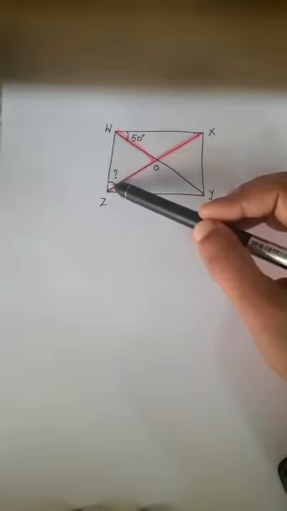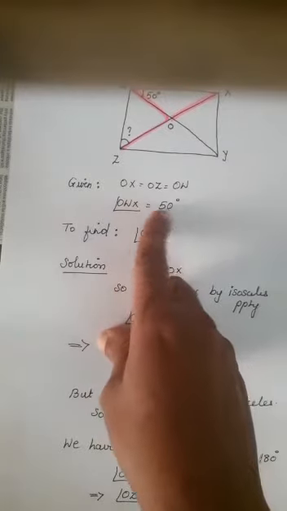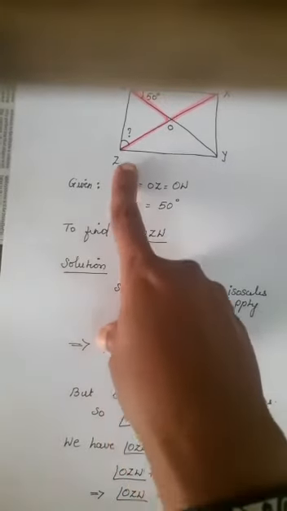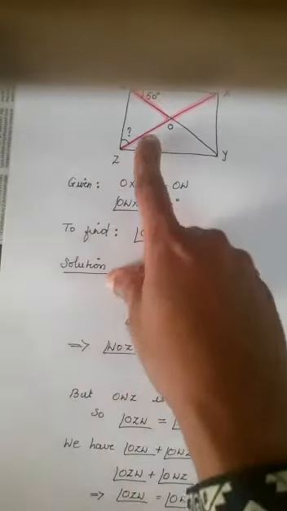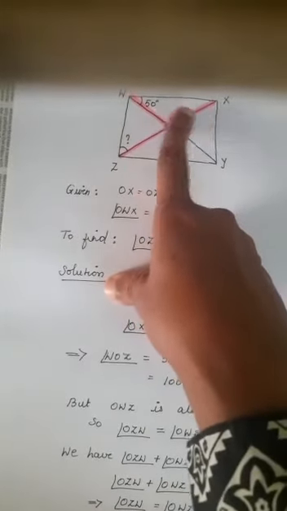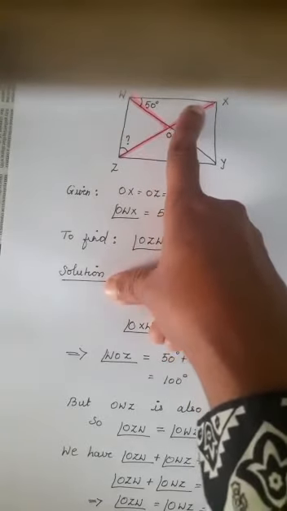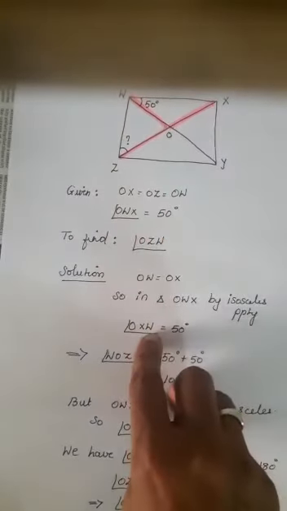Now I will show you the solution. So this is given. You need to find this angle. First we are considering this angle. In this, these two are equal, so it is an isosceles triangle, which means OXW is also 50 degree.